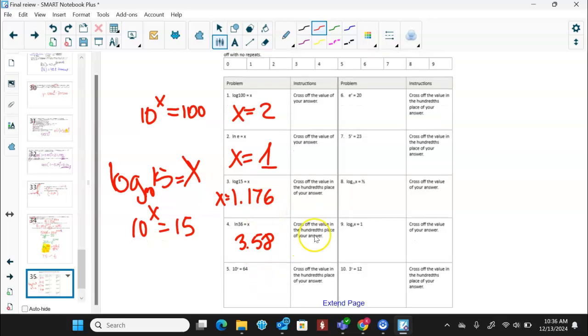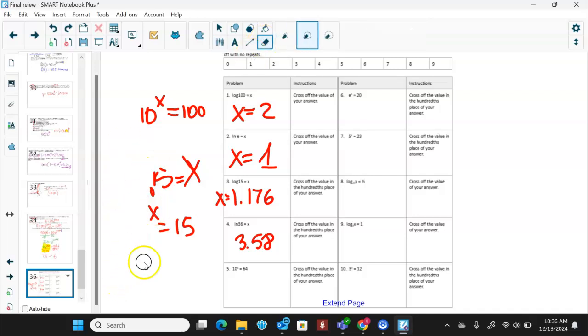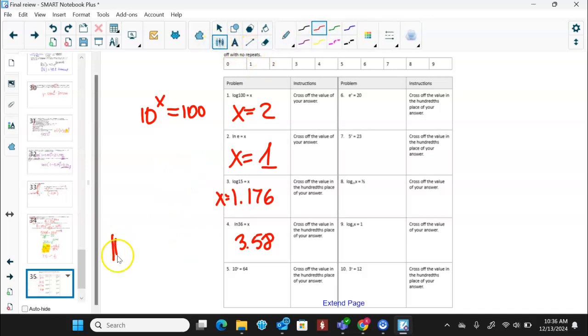Okay, now number 5, you do need to convert it before you put it into the calculator. So this one, for question 5, it's 10 to the x equals 64. So you can either figure out what power you need to raise 10 to get 64, or you can turn it into a log.